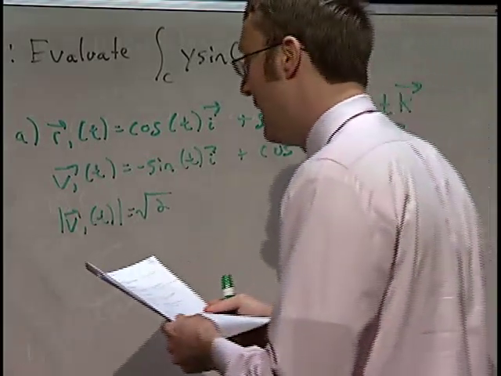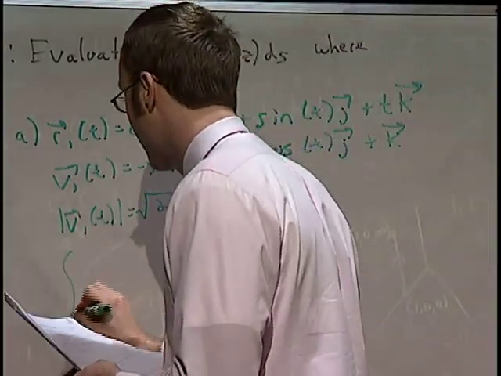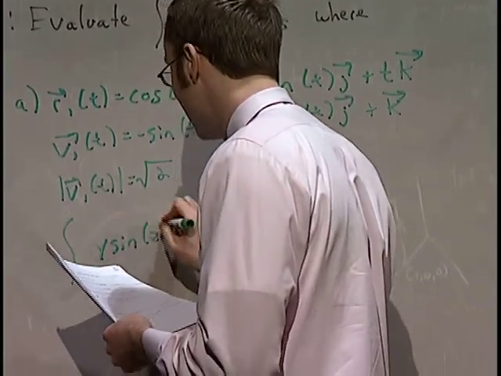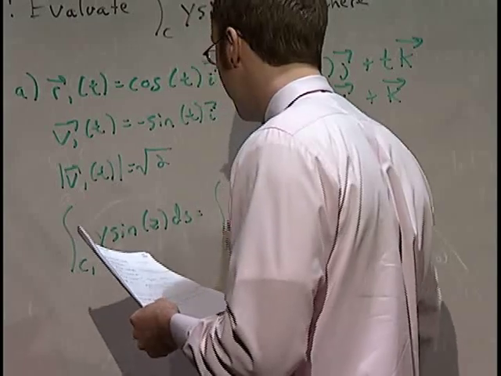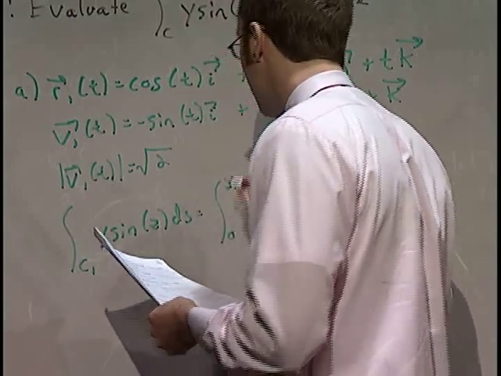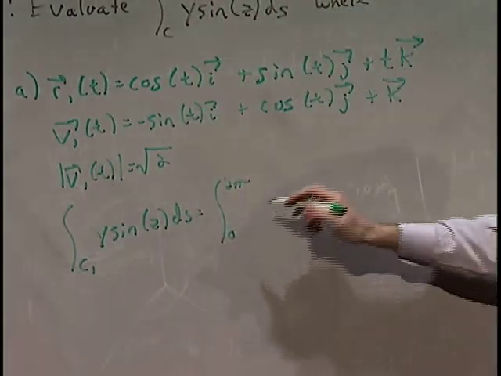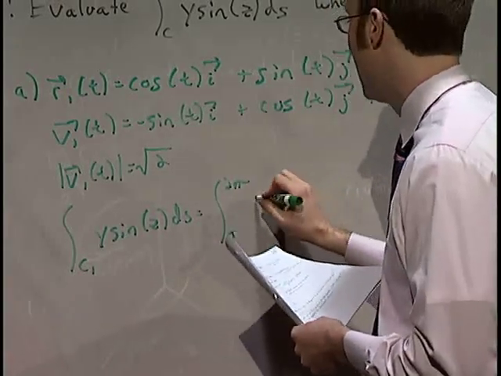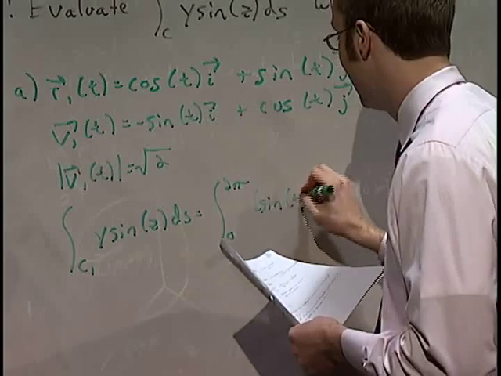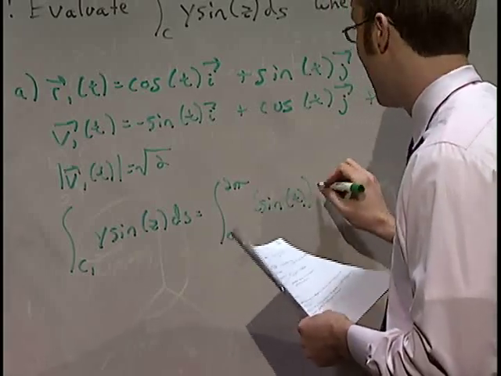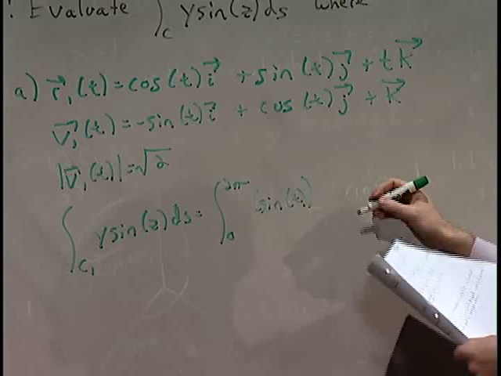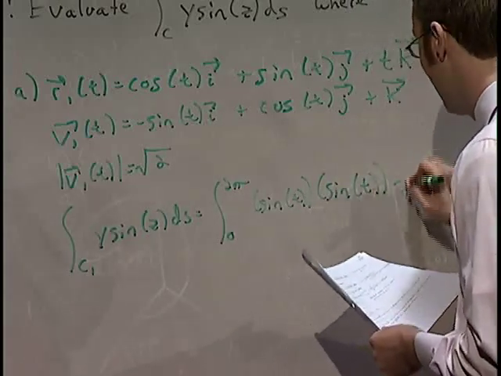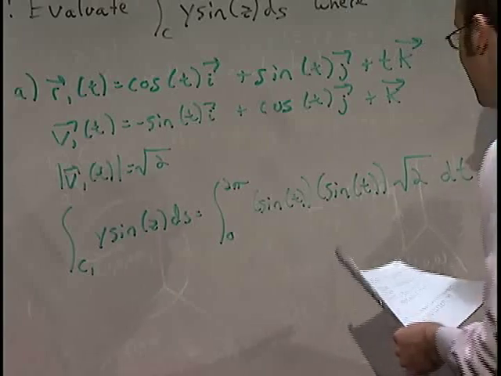All right, and let's see here. So our integral over C1 of y sine z ds. So our time interval is 0 to 2 pi here, all right? We're going off of t being our parameter, so y is sine t, and sine of z, so z is just t, so we really have sine t times root 2 dt, right?